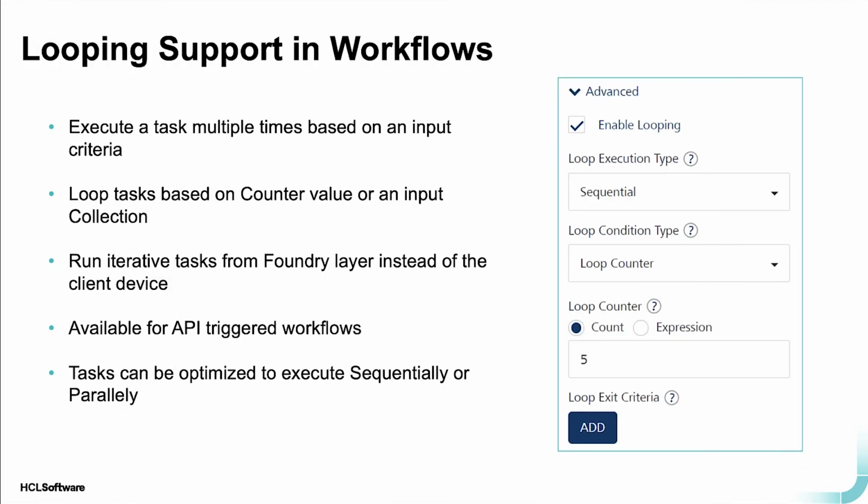Now, another enhancement that we have added in the workflow capability itself is the ability to run a loop. So, what is a loop, right? Say you are having some specific API that you are invoking, and that same API has to be invoked 5 times, 10 times with an incremented counter. So, I'm hitting a database, the database can only give me 100 records at a time. I have to increment the index and get the next set of records, so to speak, right?